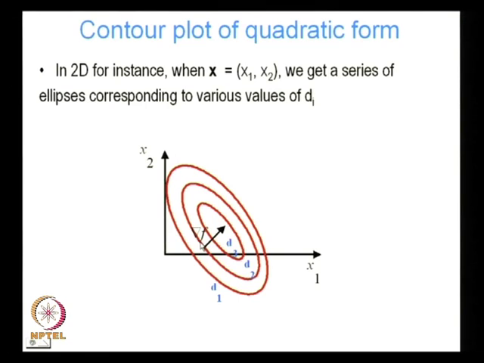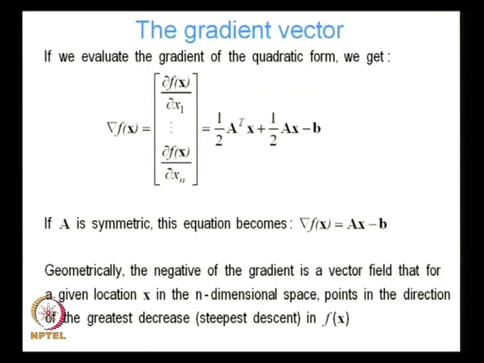The negative gradient will always point in the direction in which f decreases by the maximum amount, and in this case it is pointing in this direction, because f is going to decrease by the maximum amount if I travel in this direction in x1 x2 space, right. So, the negative of the gradient points to the direction of steepest descent.